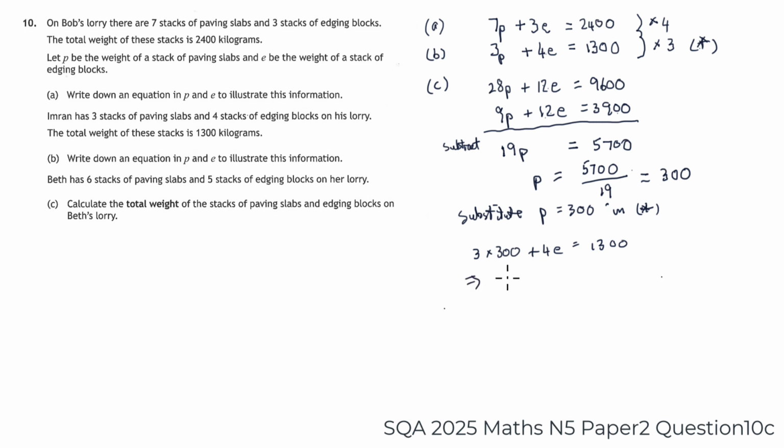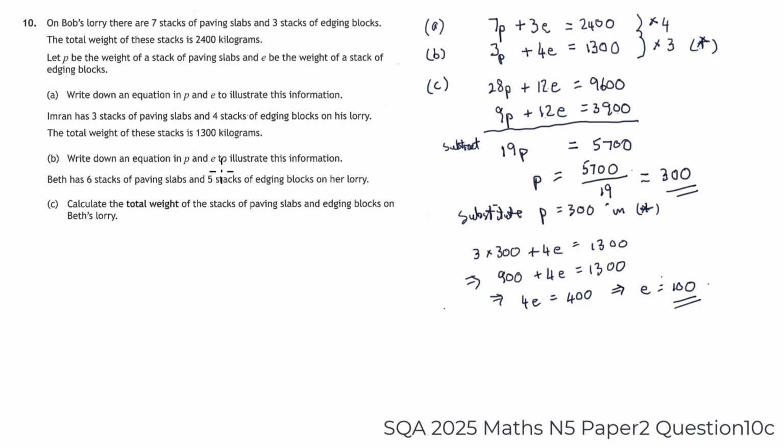So 3 lots of 300 is 900. And what do we do? We subtract 900 from both sides to get 4E on its own. 900 from 1,300 is 400. And now divide both sides by 4. E will be 4 into 400, which is 100. So we have our values for P and E.